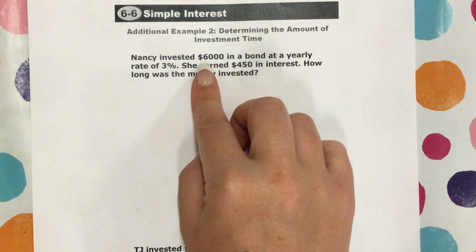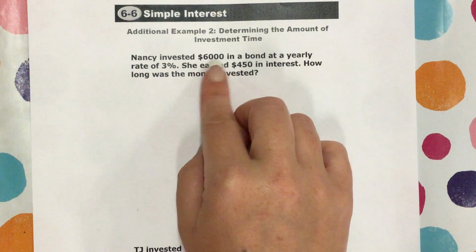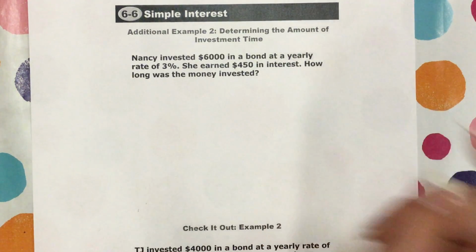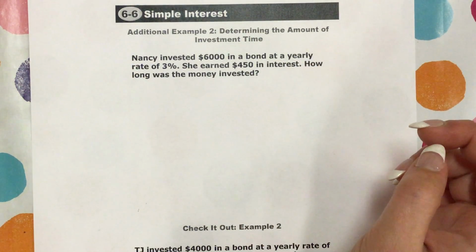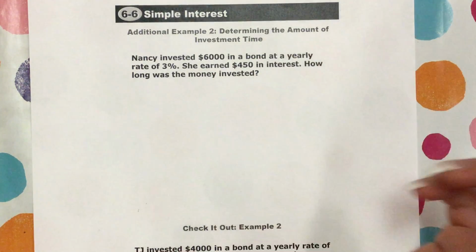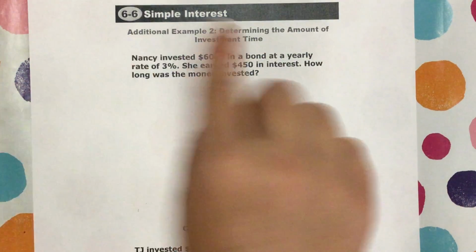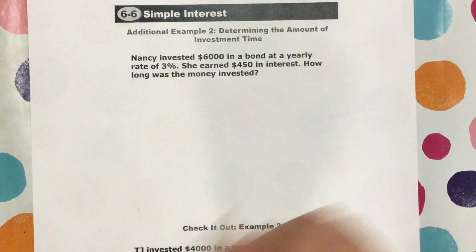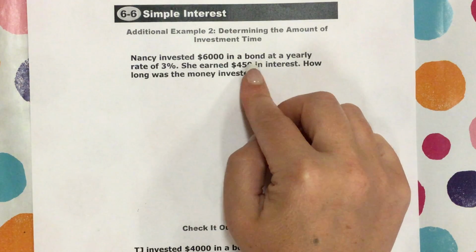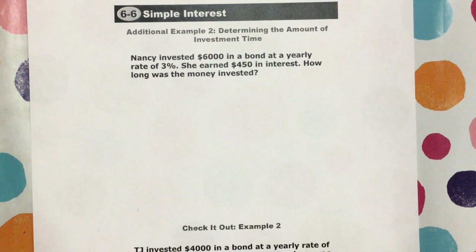But they will pay you back the $6,000 plus the interest after a year, depending on how long that they invested it. For this example, they're going to pay you back $450. We have to figure out how long. But bonds are under simple interest as well. So there's just different types of investment.